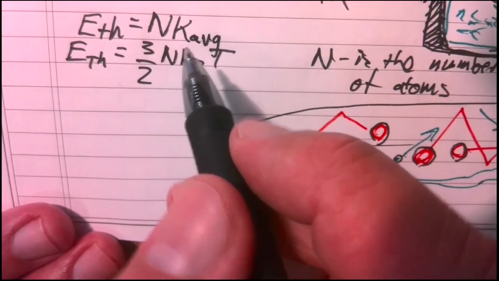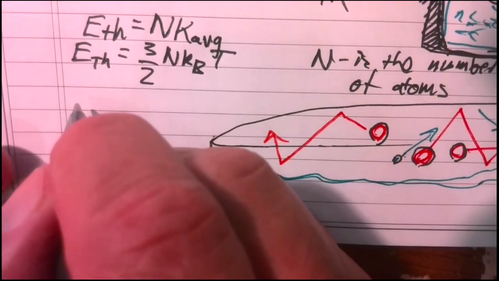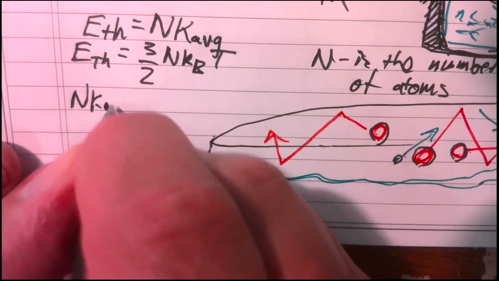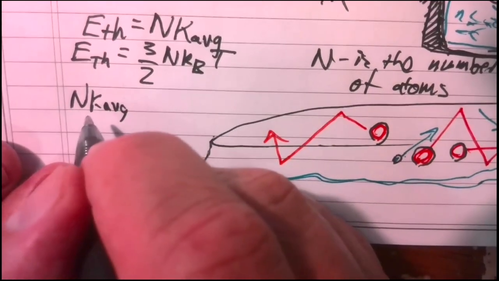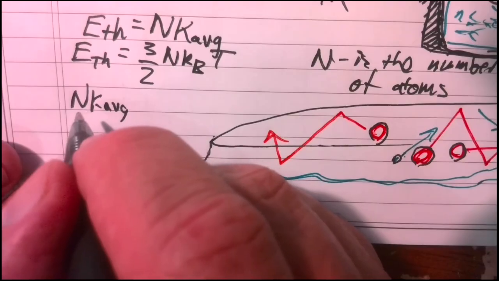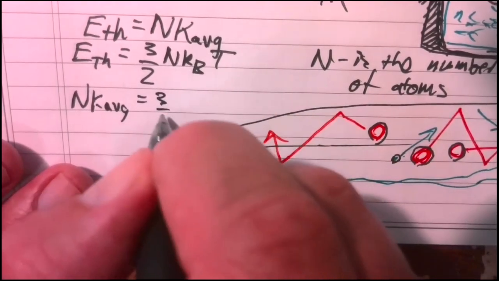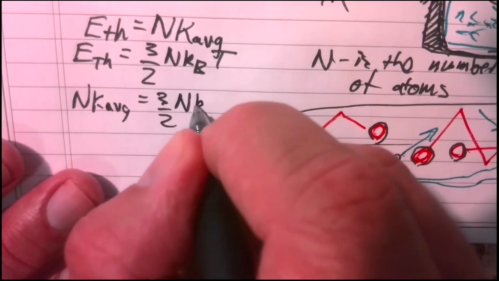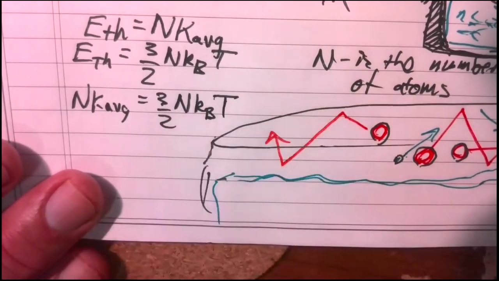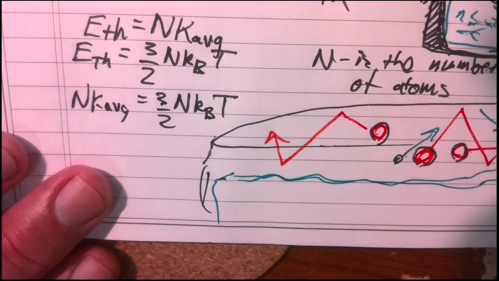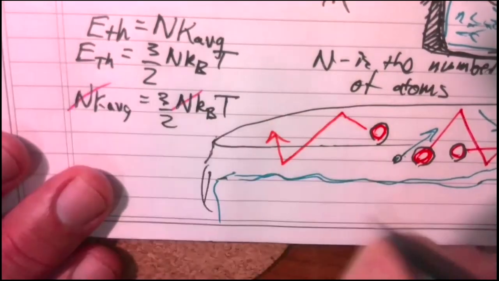So what you could do is say, what is the kinetic energy of my gas? I can just set these two things equal to each other. The number of atoms times the average kinetic energy is equal to 3/2 times n times Boltzmann's constant times T. Now, I'll talk about this equation a little bit, but the number of atoms cancels out.